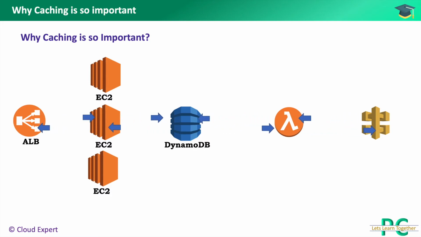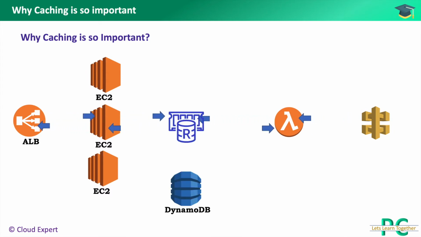Just to remove the dependency, or to remove the similar reads from the DynamoDB table, what we can do is introduce one layer in between your application and DynamoDB, or maybe the Lambda function and DynamoDB. It will serve that same read from the cache instead of going back to the DynamoDB table.